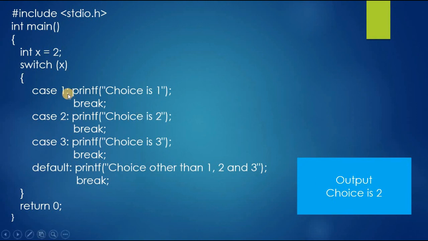Suppose we declared x is 3, then we will get the output "choice is 3", because it will go directly to case 3. Suppose we declared x is equal to 4, then it will go to default and we will get the output "choice other than 1, 2 or 3". This is how the switch case works.